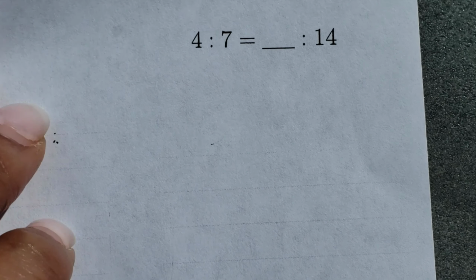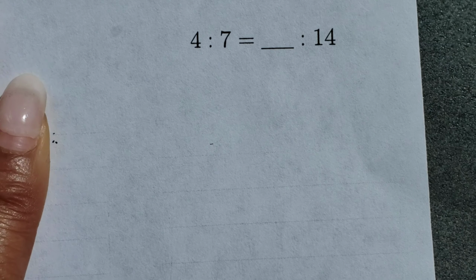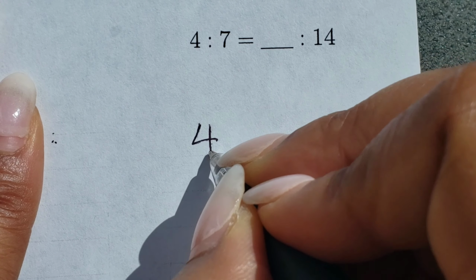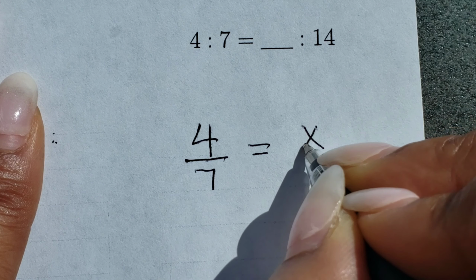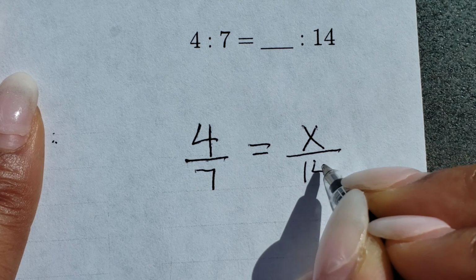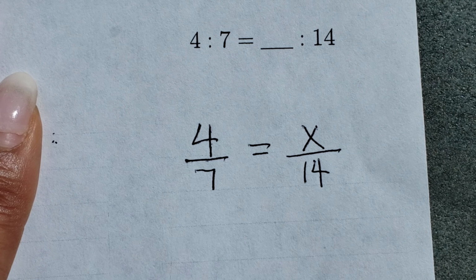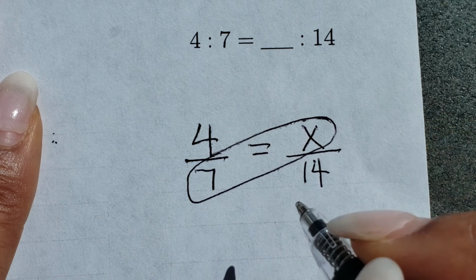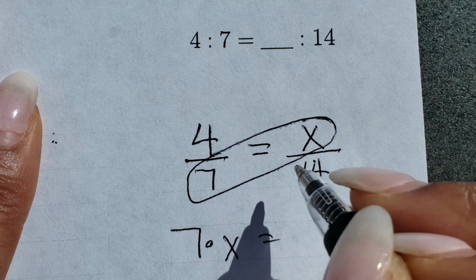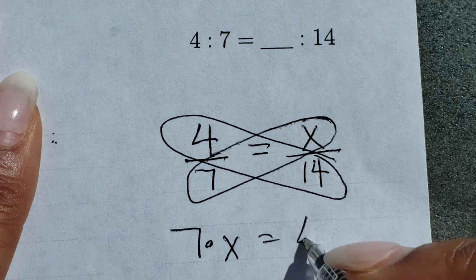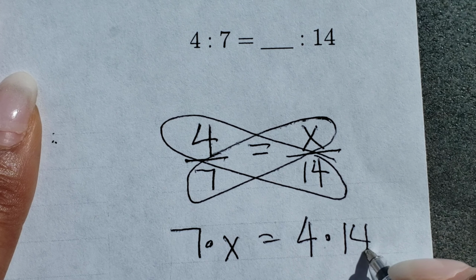All right, 4 to 7 equals blank to 14. I'm going to set this up the same way. 4 on top of 7 equals x, because that's my blank, on top of 14. From there, I'm going to cross multiply. 7 times x, write that out, and then I'm going to set it equal to 14 times 4.